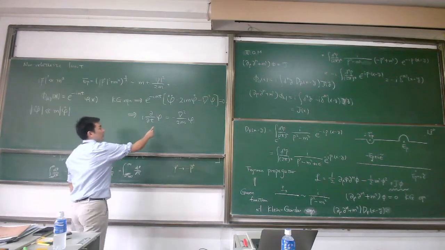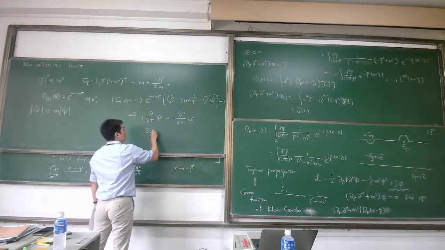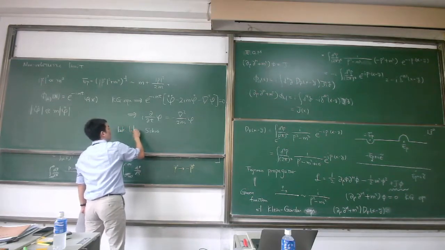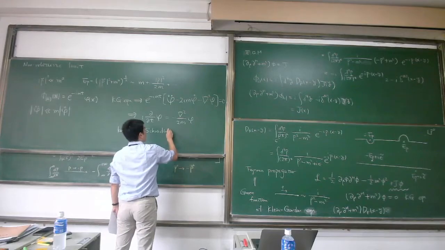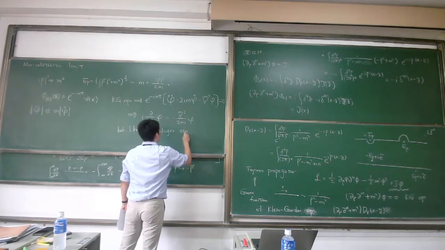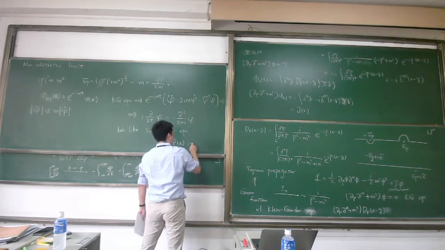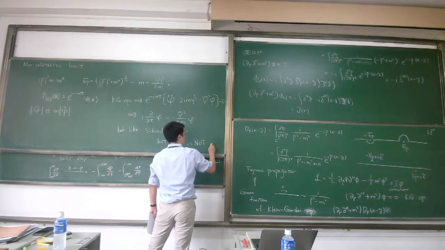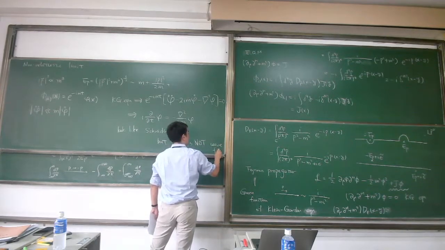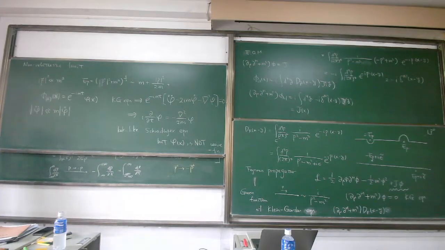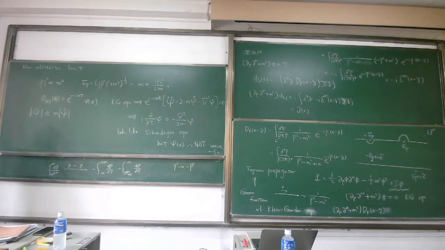Here it looks like a Schrödinger equation, but phi of x is not a wave function. So to connect to the Schrödinger equation, we just take the following path.